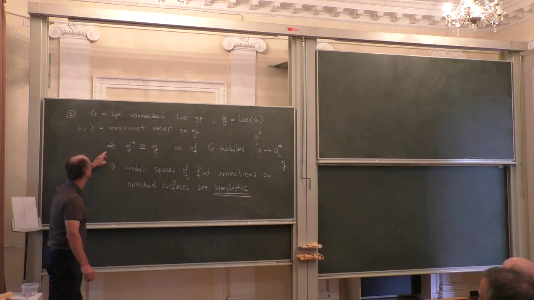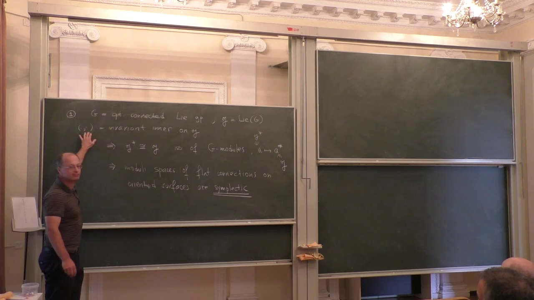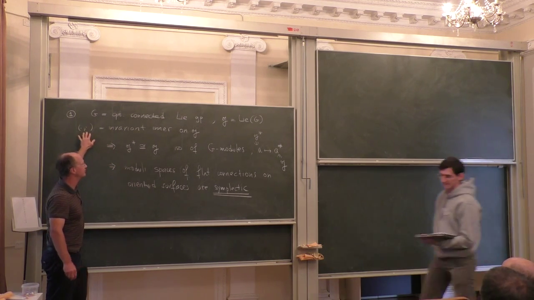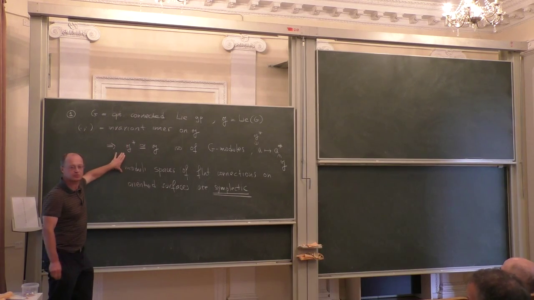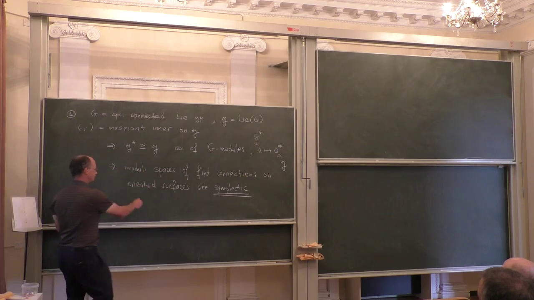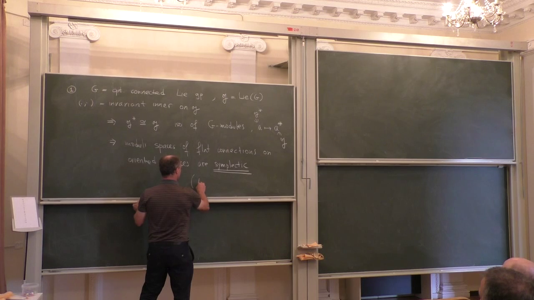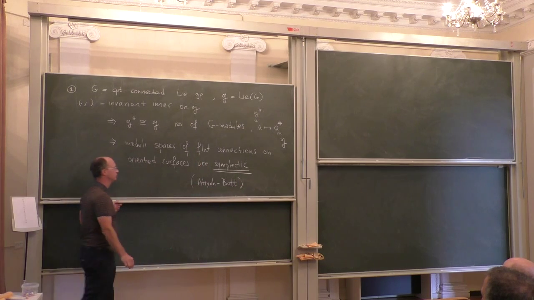As I say, these two things come from the fact that we have this fixed invariant scalar product. Once we have it, these two things happen. This is easy. This is a theorem of Atiyah and Bott.